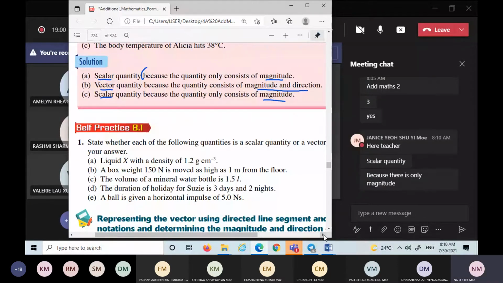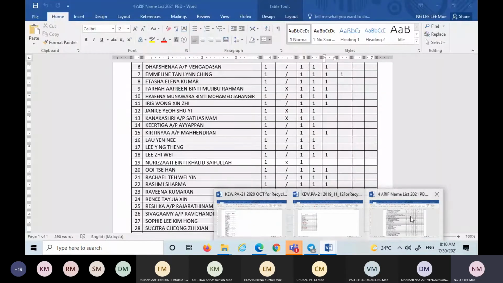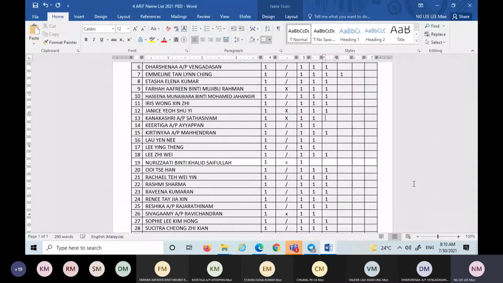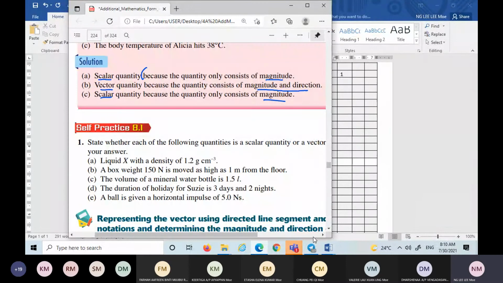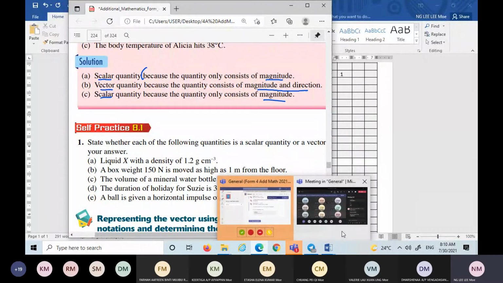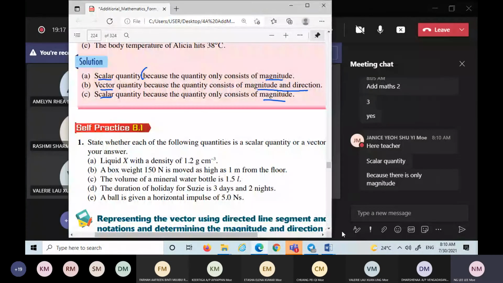Because only magnitude. Very good. Who is the next girl? Kanakasri, answer for B. 150 Newton.